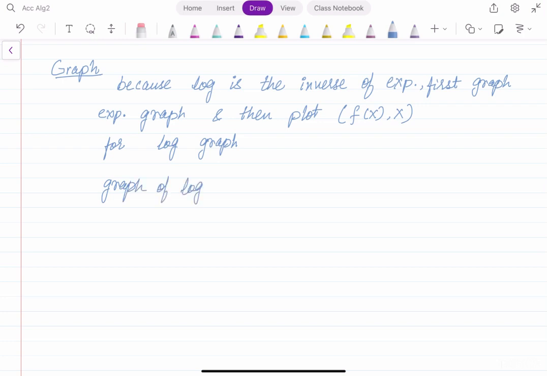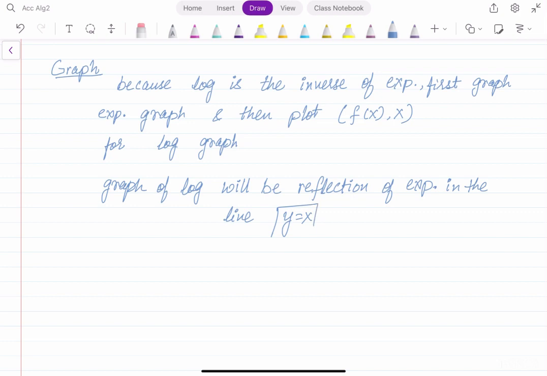So what does that mean? So the graph of log will be a reflection of the exponential graph in the line y is equal to x.